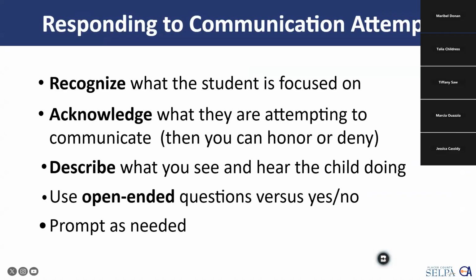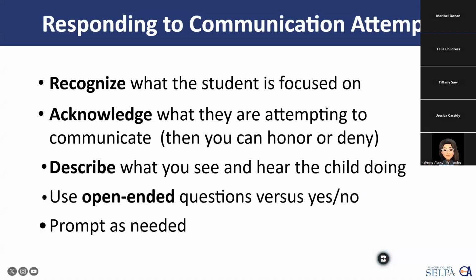So, in order to become a responsive communication partner, we have to honor and respond to all of our students' communication attempts. To do this, we want to recognize where our students' attention is and follow their lead instead of having them comply with our own agenda.